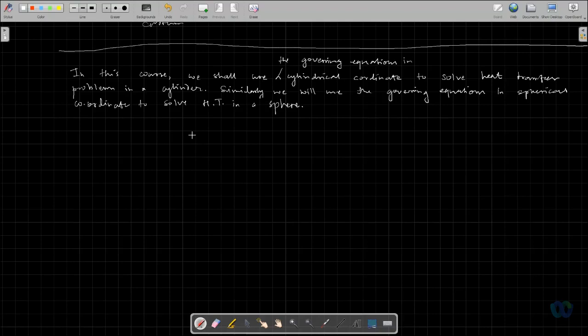That might also be one reason that if you use methods for different coordinates, you will have to be very careful in your programming. So to make a generalized program, people do not go for cylindrical or spherical coordinates, and that is appropriate and profitable also. So first we will go for cylindrical geometry.